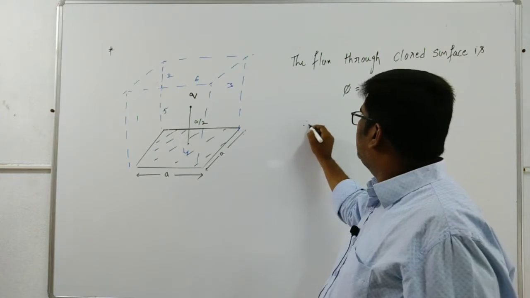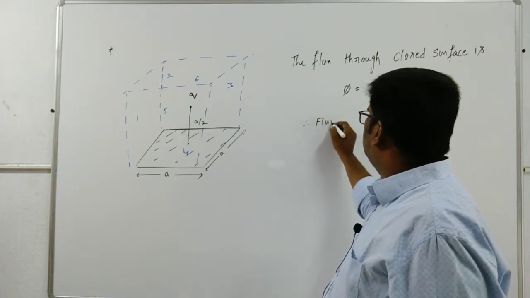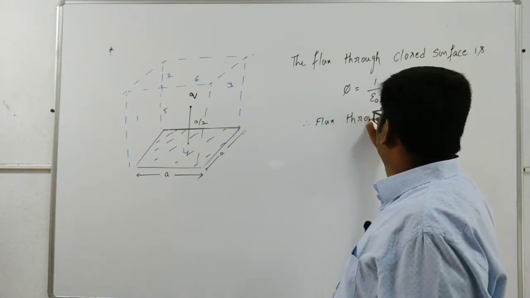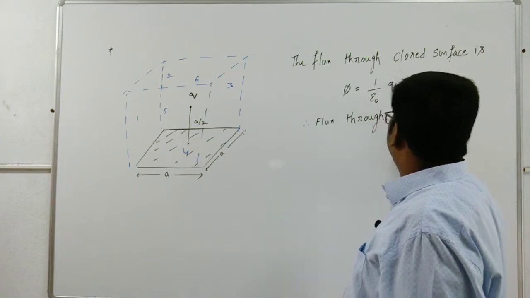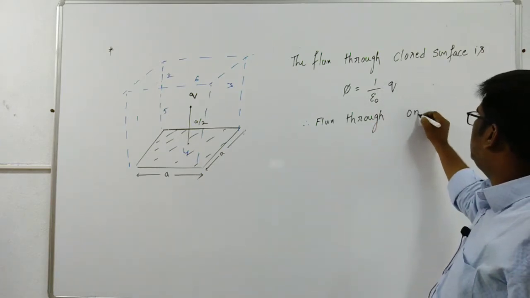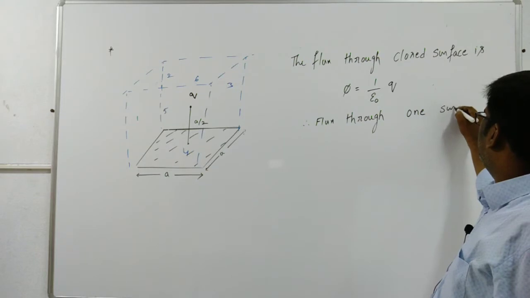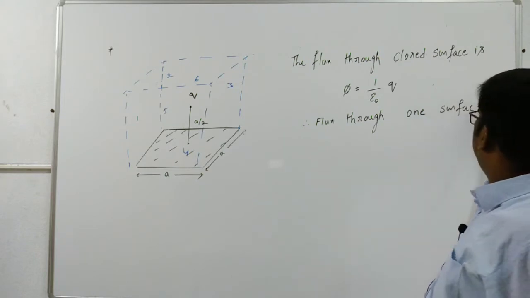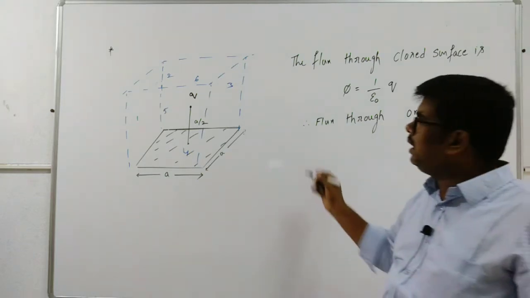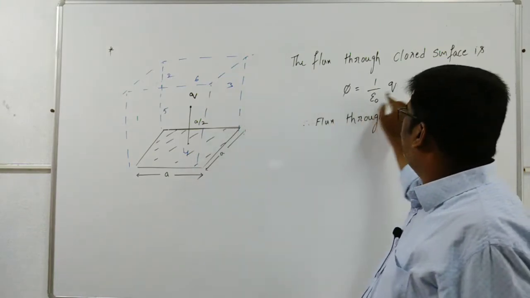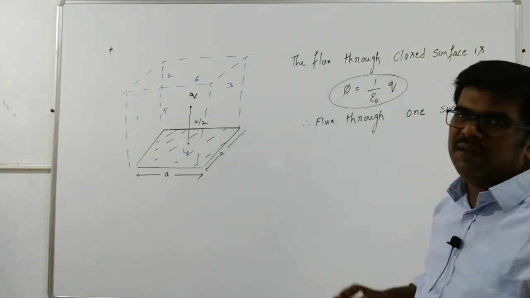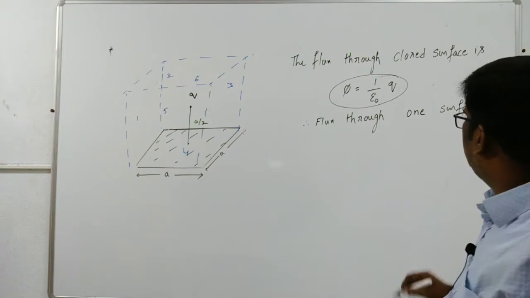Therefore, the flux through one surface: out of 6 surfaces, from 1, how much flux will emanate?